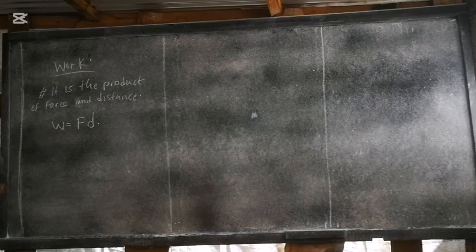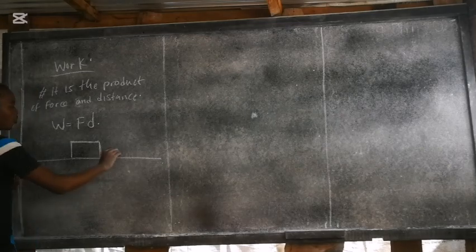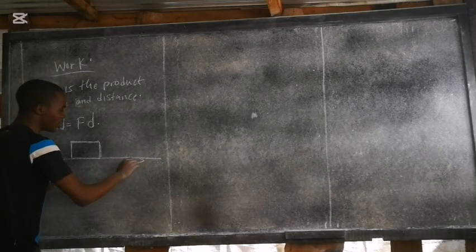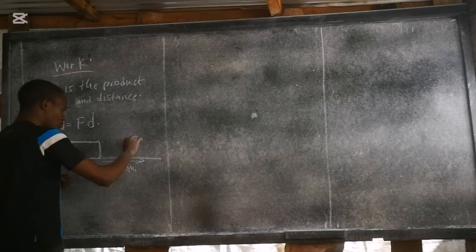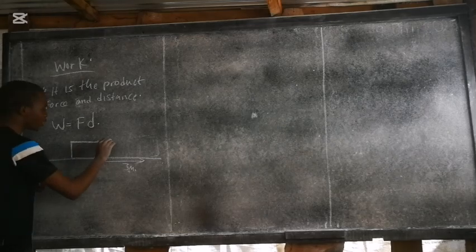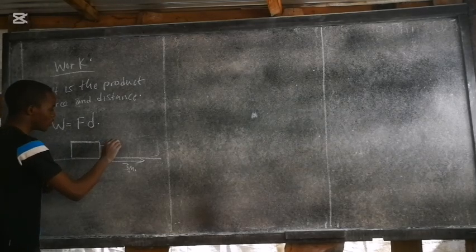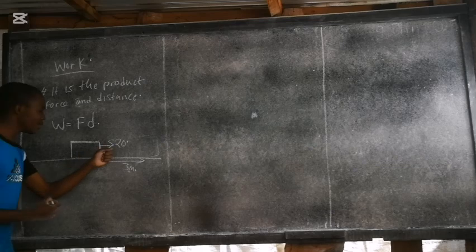Now, the question is, this is an object, and you applied a force, with the object reaching a distance of, I would say, 3 meters. I assume the force is 20.